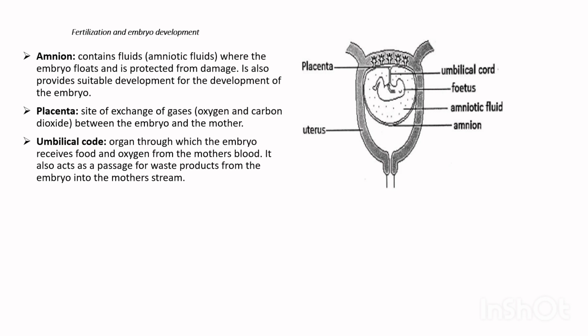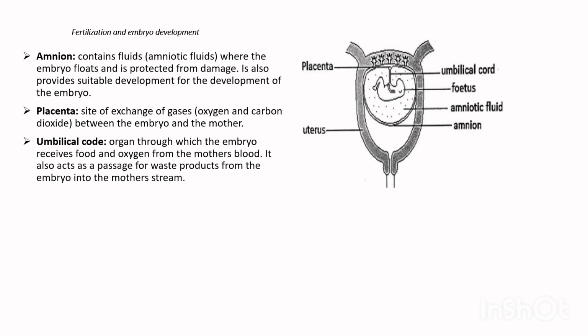Let's say the mother eats food, and that food will reach the fetus, but there will be exchange of materials at the placenta. The baby needs oxygen, the mother will inhale, and that oxygen will reach the baby, but it will pass through the placenta. Exchange of gases and exchange of materials take place at the placenta.